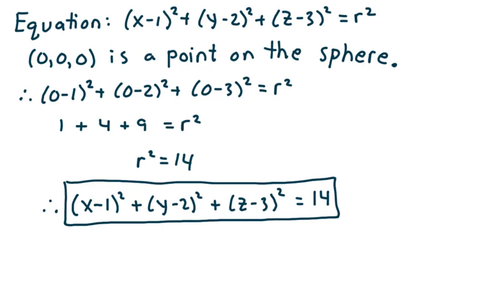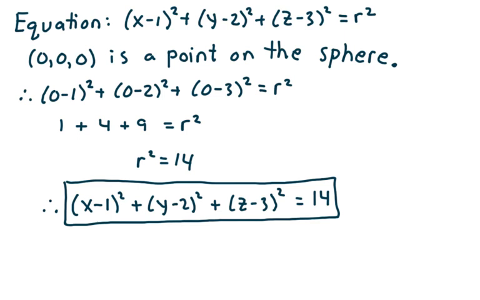So the equation becomes the following. (x minus 1) quantity squared plus (y minus 2) quantity squared plus (z minus 3) quantity squared is r squared. And r is the radius of the sphere. Now what we want to do is solve for r squared.